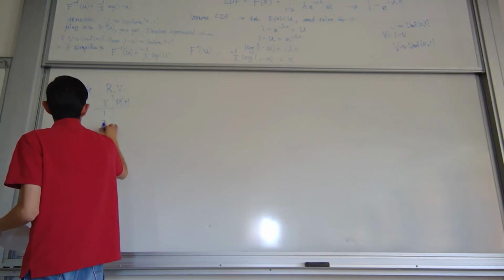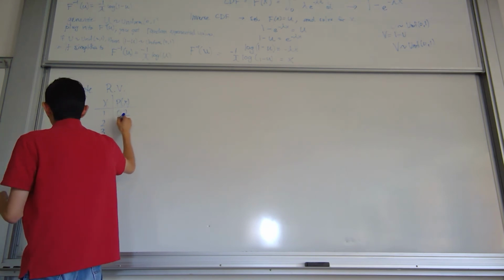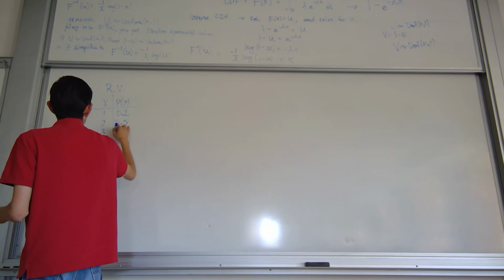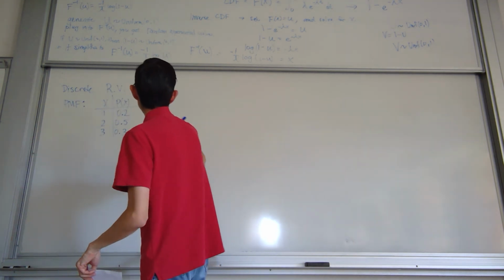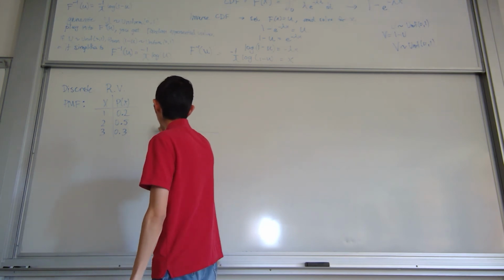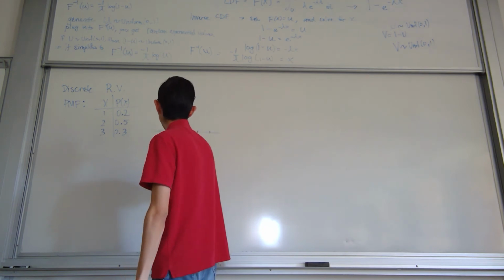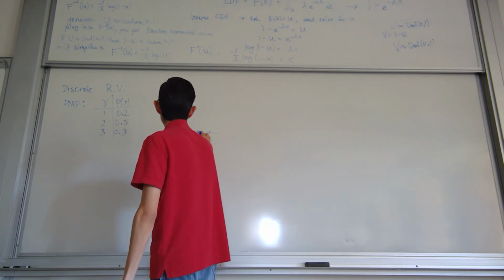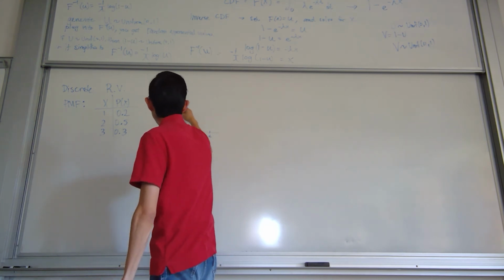Let's say x can take on the values 1, 2, or 3 with probabilities 0.2, 0.5, and 0.3. Okay, so if we graph the PMF, all right.